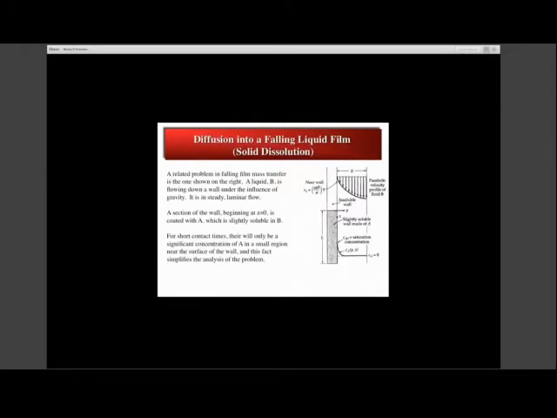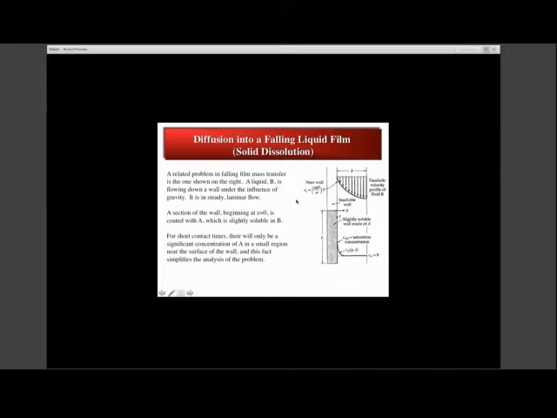Now, we can turn this problem around and do, in some senses, the opposite problem, and that is the solid dissolution problem, or the diffusion into a falling liquid film, now not from the gas phase, but from a solid that is slightly soluble in that liquid.